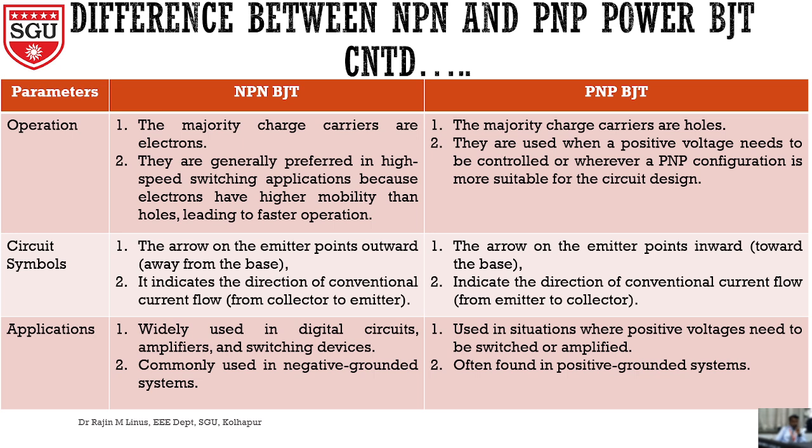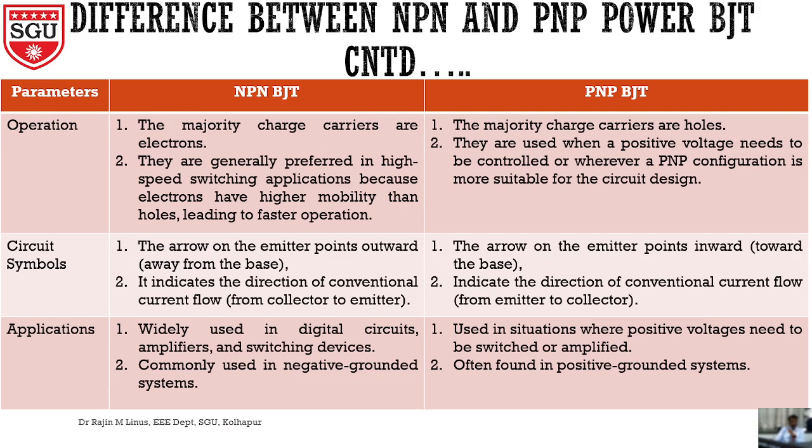Why does the arrow mark change? In the NPN transistor, the arrow indicates the direction of conventional current flow, that is, from collector to emitter.